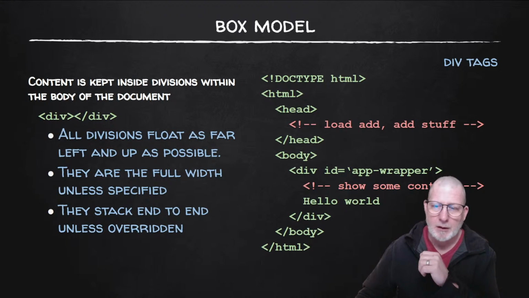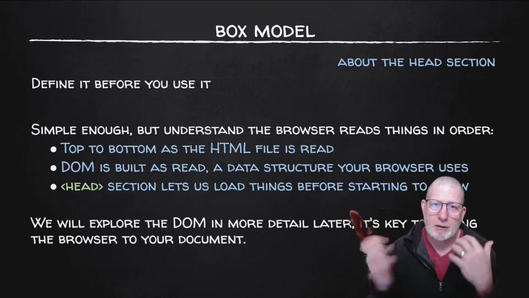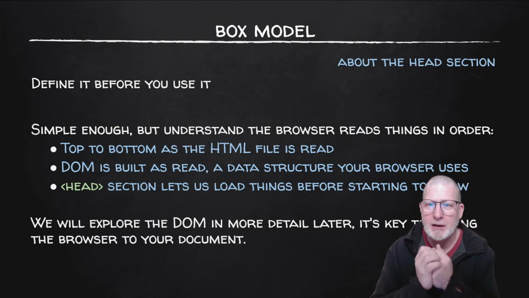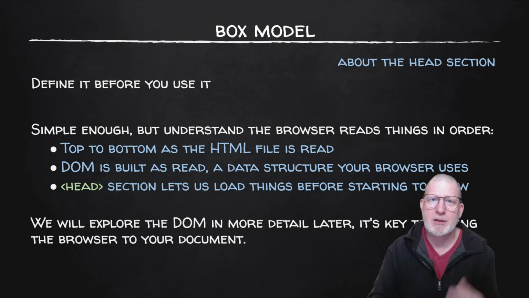Okay. All of those styles get loaded as the browser loads your page. So as it loads the head section, it has an opportunity to import styles from an external file. And these are what we call style sheets. They're a separate file filled with CSS styles. We can then load styles from a style tag in the head section.